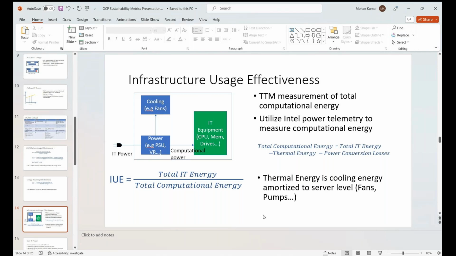So that ratio basically gives you the power you supplied versus the power that actually went to power your electronics per se, right? So this is a good way to think about it for a traditional server design.